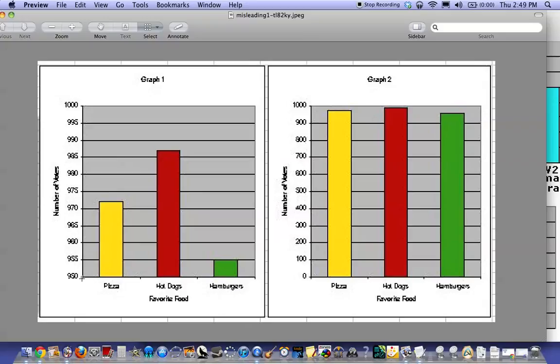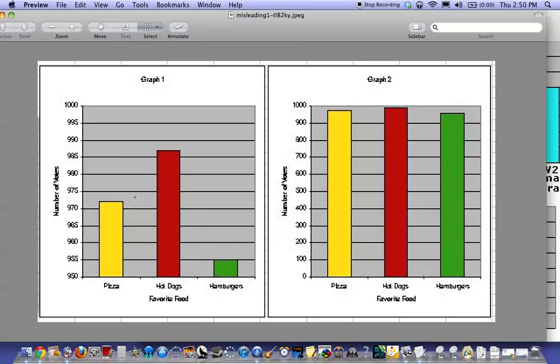The graph does not look like it should because it's not starting at 0, it's starting at 950. So what this is doing is, you only have 50 intervals, so when you're ahead by 15 or 20 in a graph that only has 50 intervals, well, 15 to 20 votes in a 50 interval graph is roughly 35 to 40% of the graph.